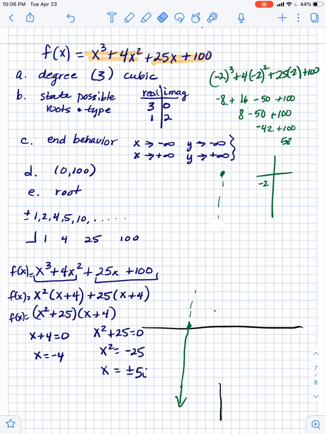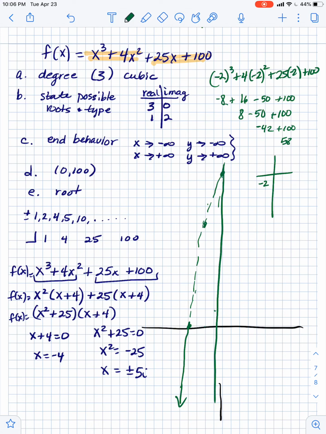Okay? Which indicates to... whoops, I didn't mean to erase that. Okay, which indicates to me that if I'm at a negative 2 at 58, and 100's way up there, I know this is not to scale, but that it is going to probably just keep going in some fashion.